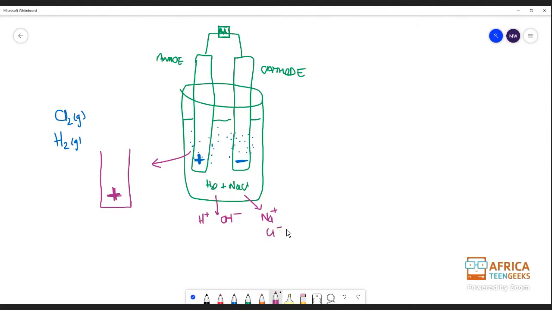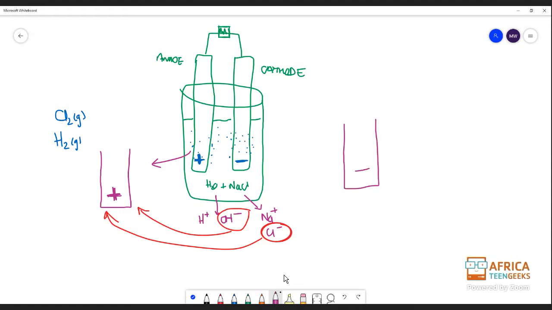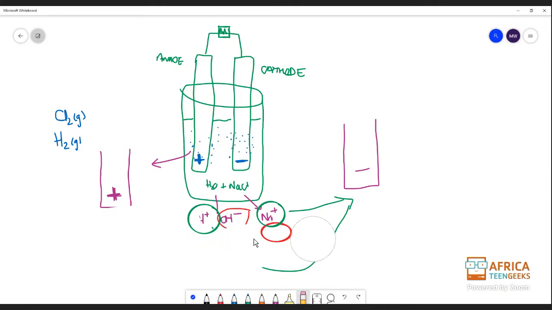My chloride is negatively charged, and so is my hydroxide, so they're both going to be attracted to my positive anode. On the other hand, my cathode is negative, so my positively charged sodium and my positively charged hydrogen, or proton, are going to be attracted to my negative cathode. Okay, I'm just going to erase this because it looks a bit crazy.